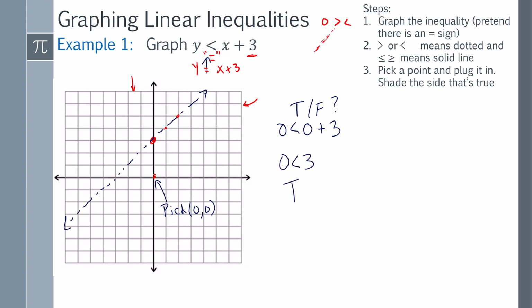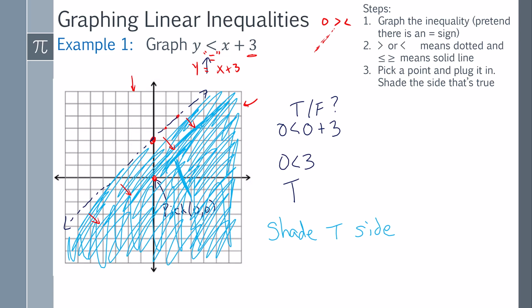If I plugged in 0 for x and 0 for y, you get 0 is less than 3. That's a true statement. That means on this side of the line, which happens to be where that point is, that value is true. And so you shade the side that's true.